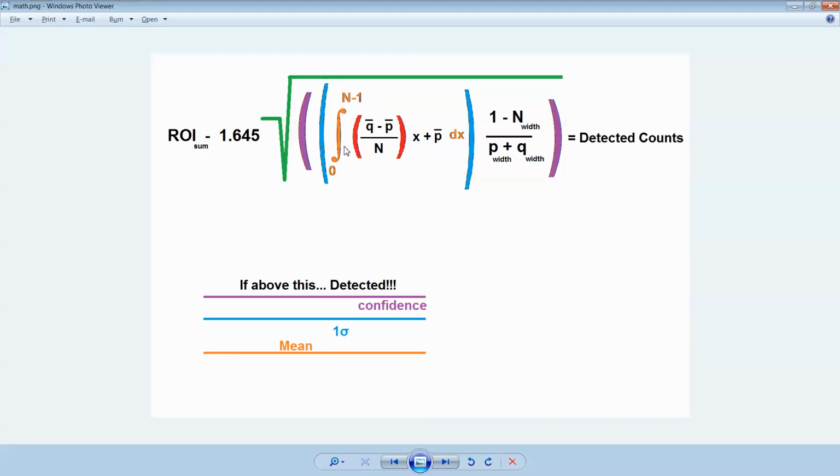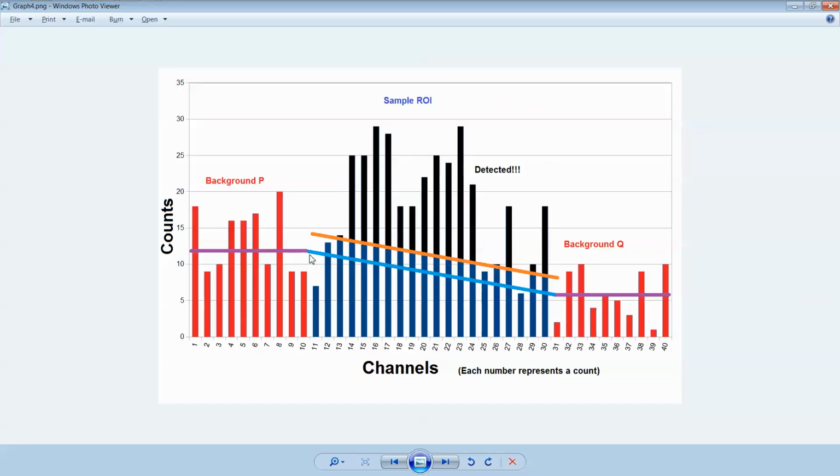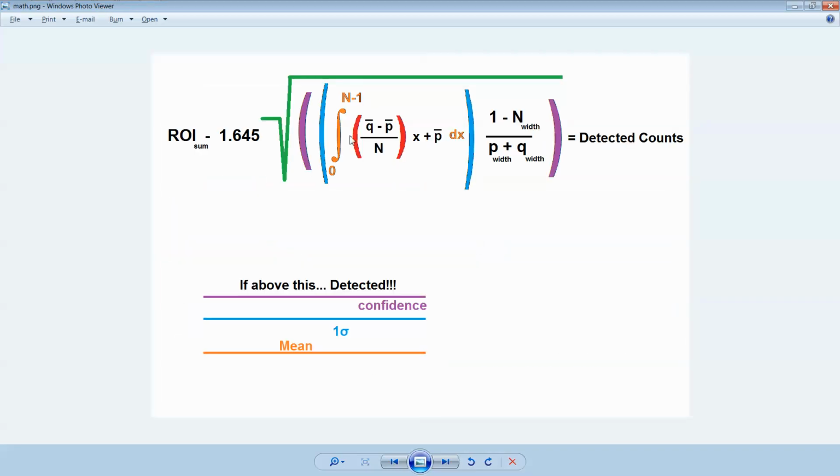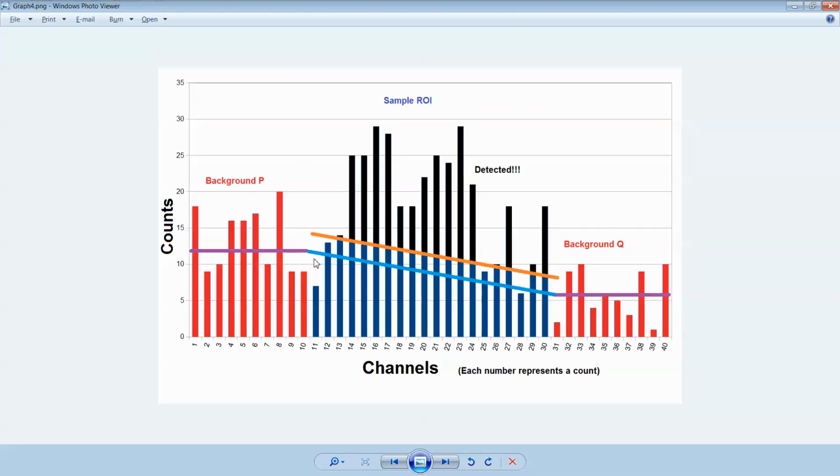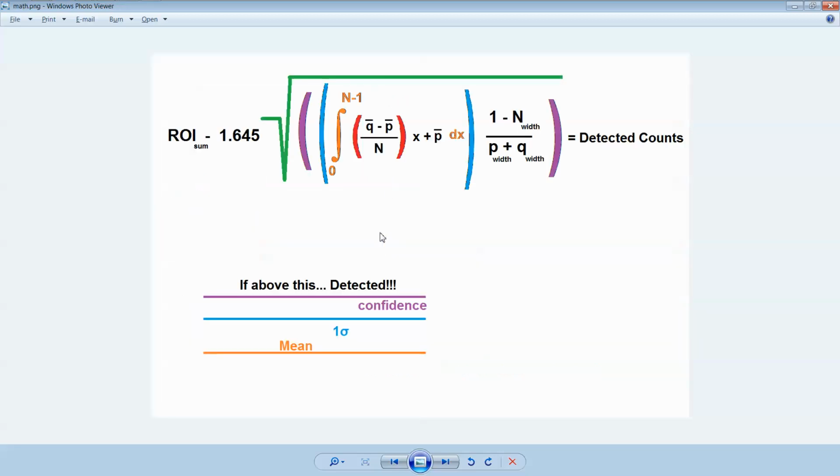What we do is we calculate that line. See this whole integral right here? This integral that you see here is this. The color codings don't match up, so ignore that. But this whole integral across here is this integral right here. It's a very simple integral.